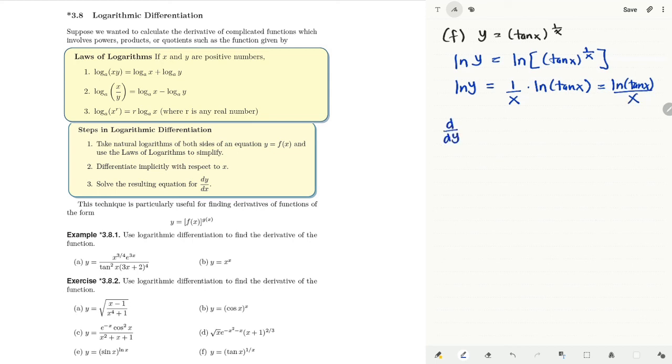And now we'll differentiate both sides with respect to x. We have the derivative of ln of y is equal to the derivative of the ln of tan all over x.